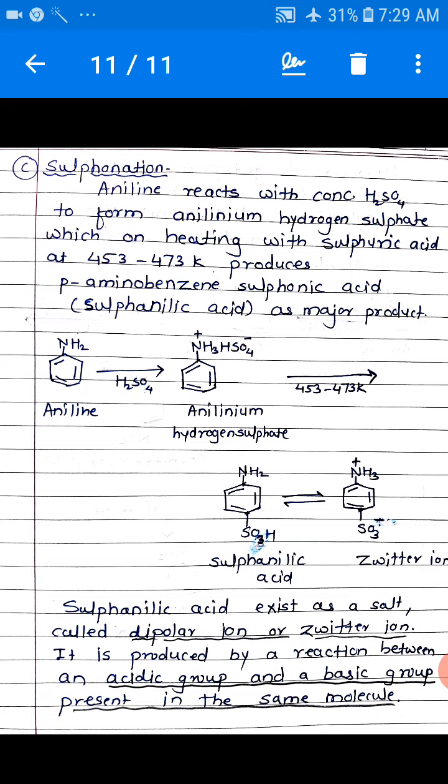Sulfonation means here reaction with H2SO4. Aniline reacts with concentrated H2SO4 to form anilinium hydrogen sulfate, which on heating with sulfuric acid at 453 to 473 Kelvin produces para-aminobenzene sulfonic acid, which is called sulfanilic acid, as the major product.